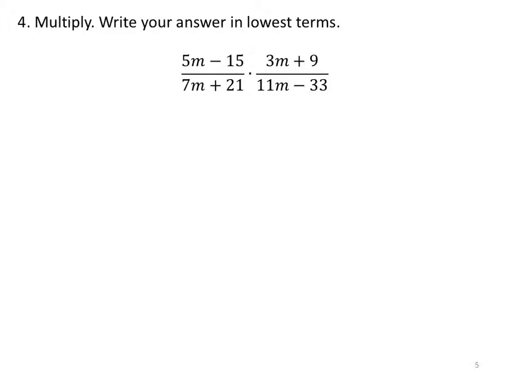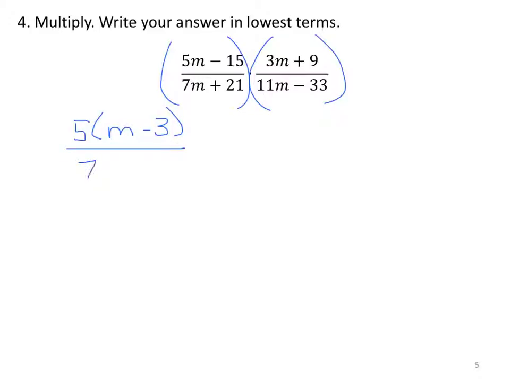In this problem, we're going to multiply. So we have to go through the same steps, but we have two different fractions that are multiplied together. So let's start by factoring out. Looking at the first term, the numerator does have a greatest common factor, so let's rewrite it as 5 times m minus 3. The denominator has 7 times m plus 3.